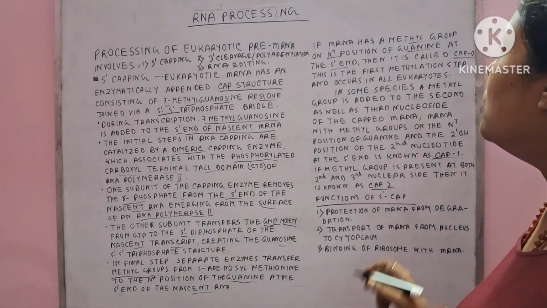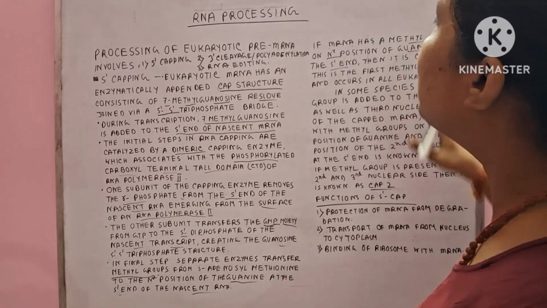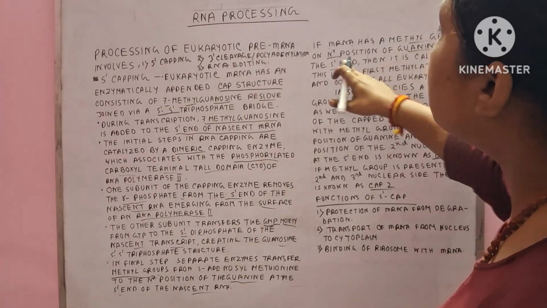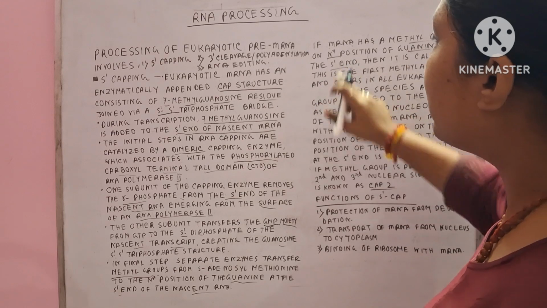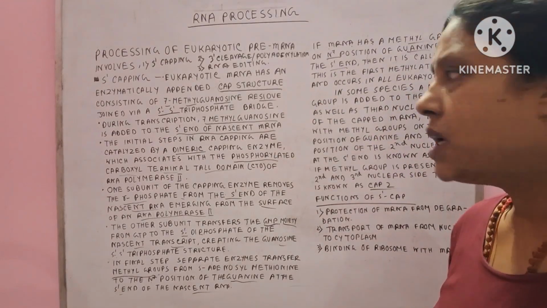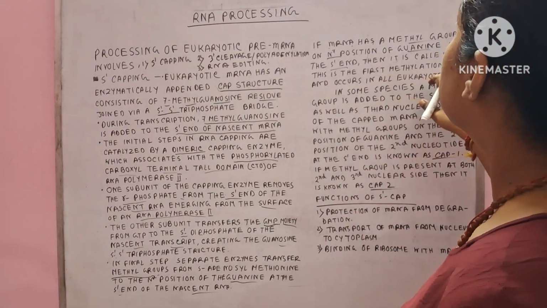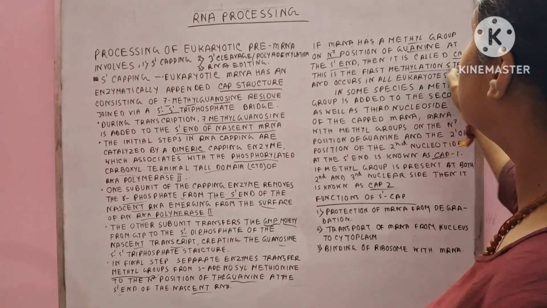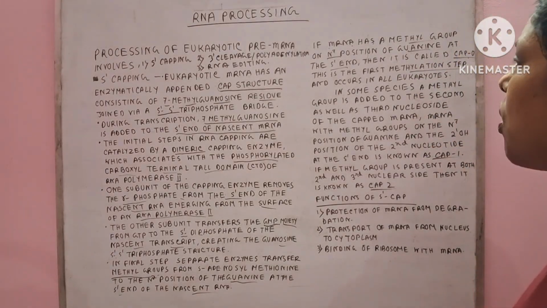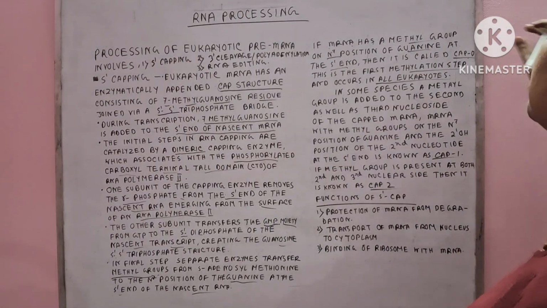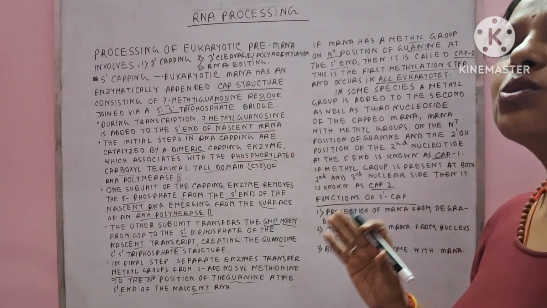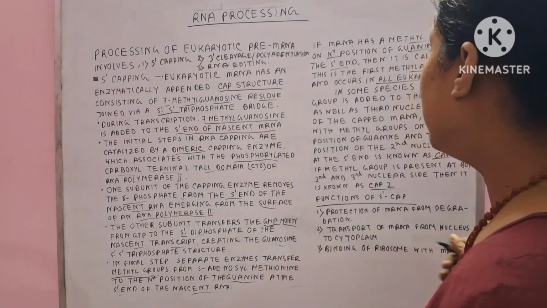Clear? So where must the methyl group be present? It must be present in the N7 position of guanine at the 5' end. Clear? And this is the first methylation step, and that occurs in all the eukaryotes. This cap 0 formation is seen in most of the eukaryotes.